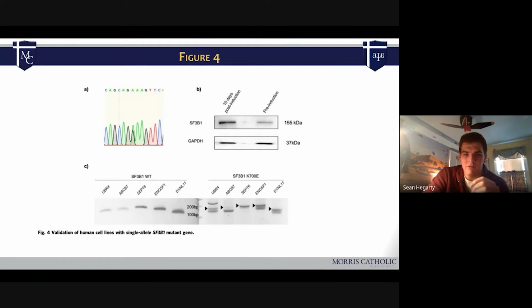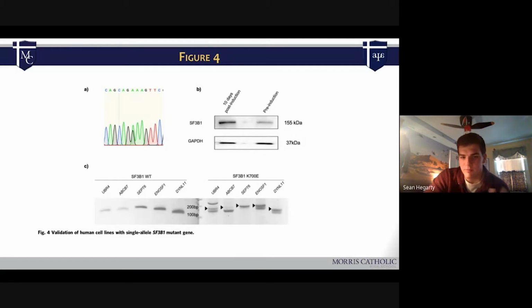And so in Figure 4, they show in B how the SF3B1 protein is produced way more than it is without the introduction of the system.